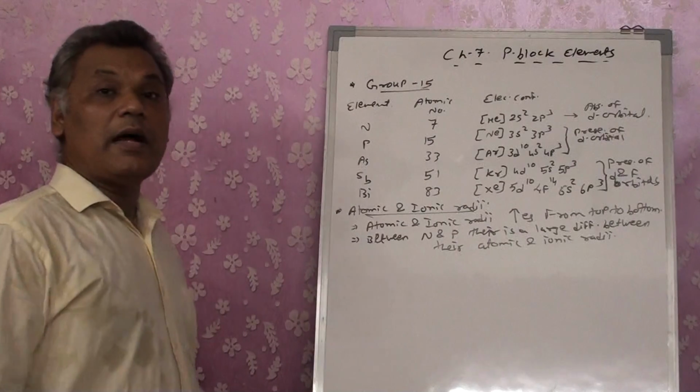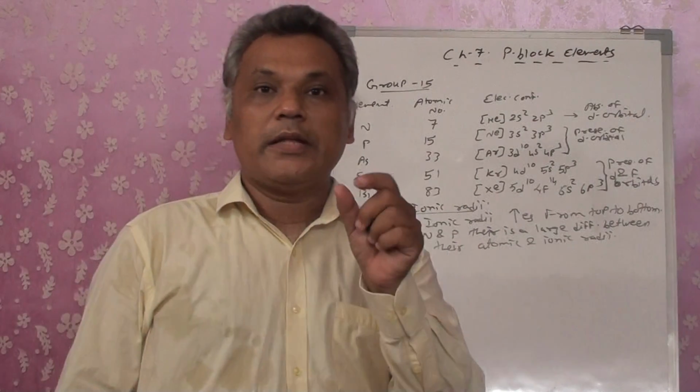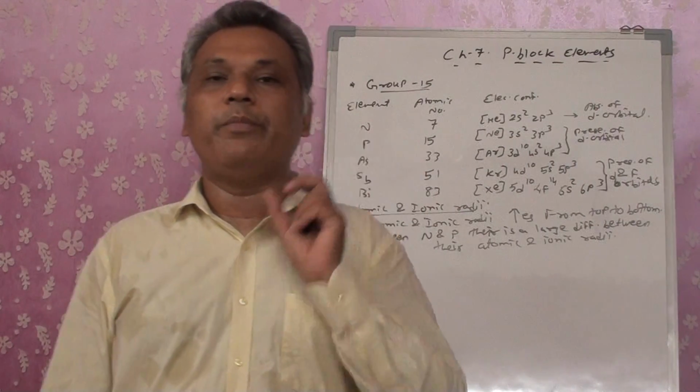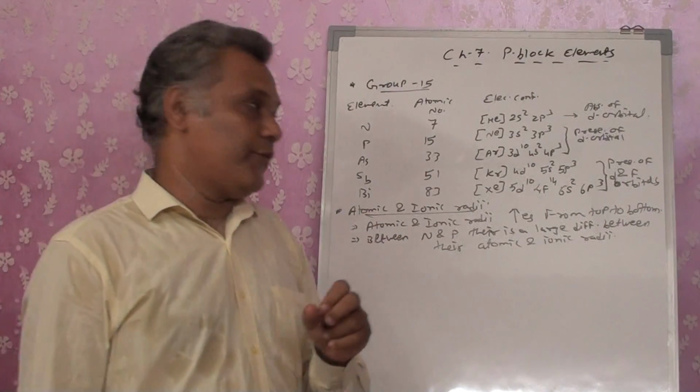That means nitrogen is very small in size, while phosphorus is comparatively bigger in size. So there will be a large difference.